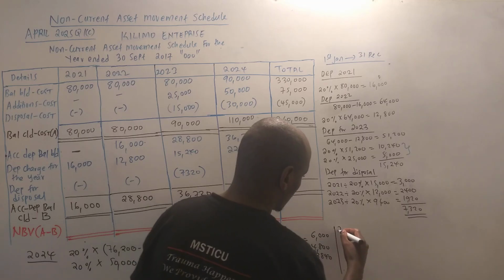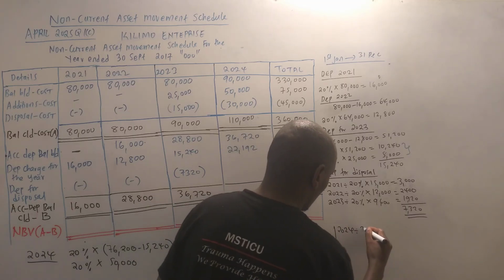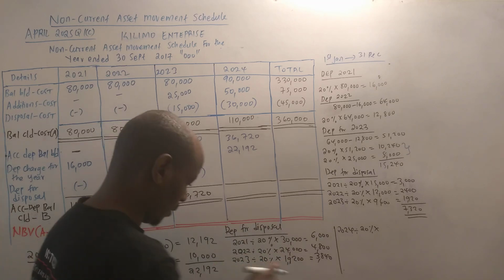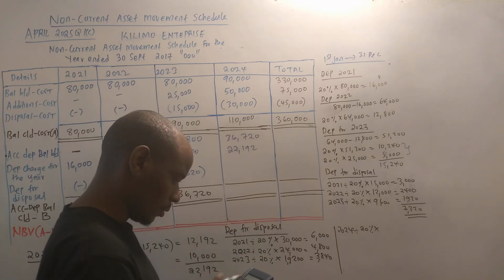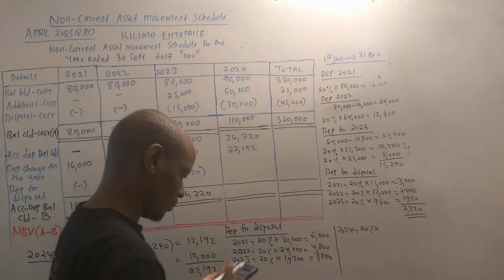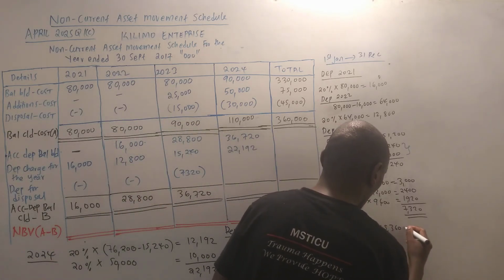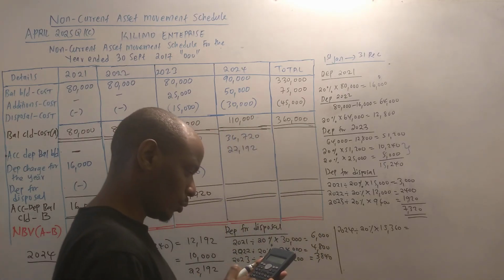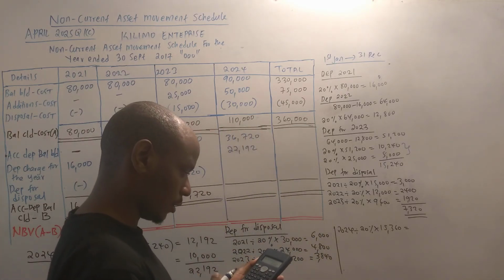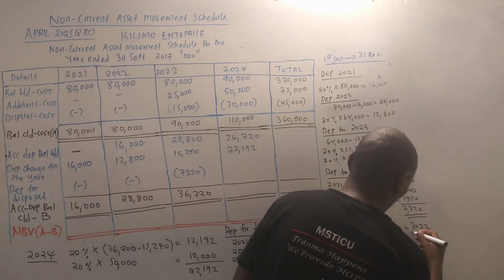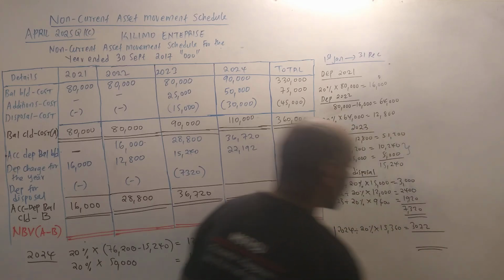2024. 20% times 19,200 minus 3,840, that is 15,360. So 0.2 times 15,360, that is 3,072. Then you add the total.